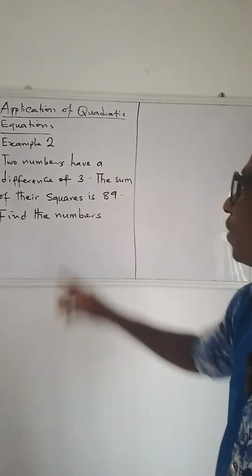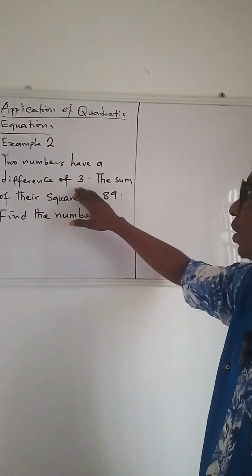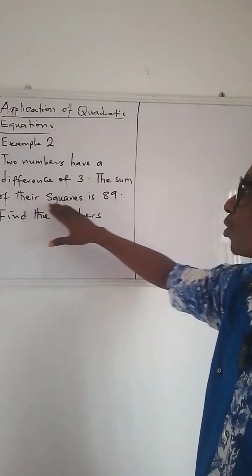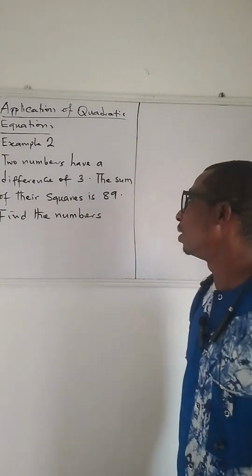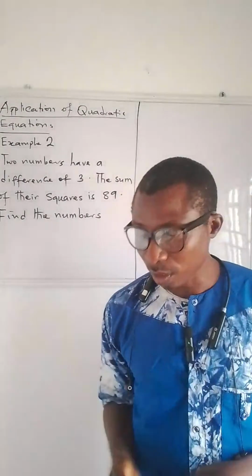Two numbers have a difference of 3. Now the sum of their squares is 89. You have to find the numbers. We want to get the two numbers.